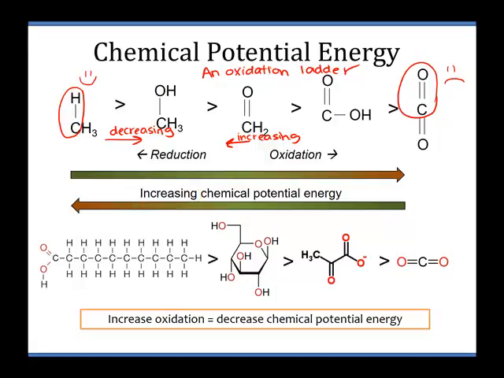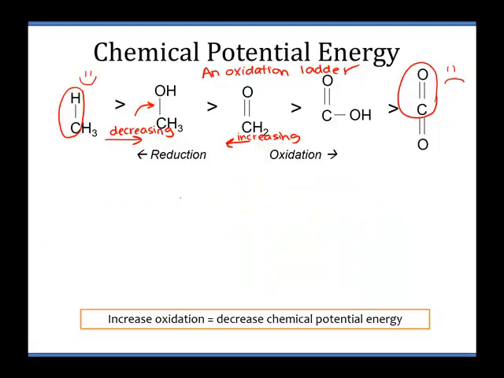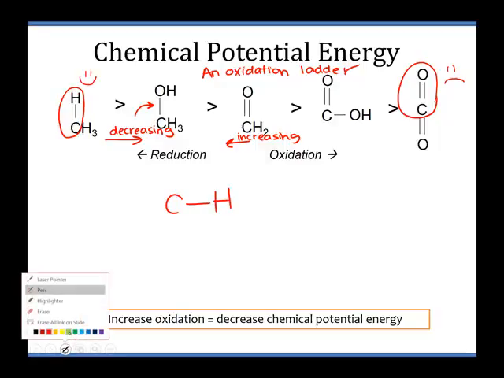And part of the reason, as you probably guessed, is the presence of this polar covalent bond right here. So if we think about this bond right there, it's somewhat polar covalent, but not too much. The electrons in that bond are probably hanging around closer to the carbon than the hydrogen, but not all that much closer.